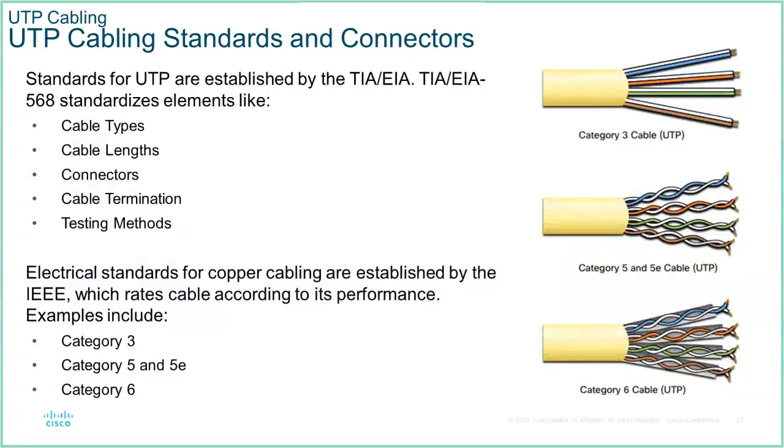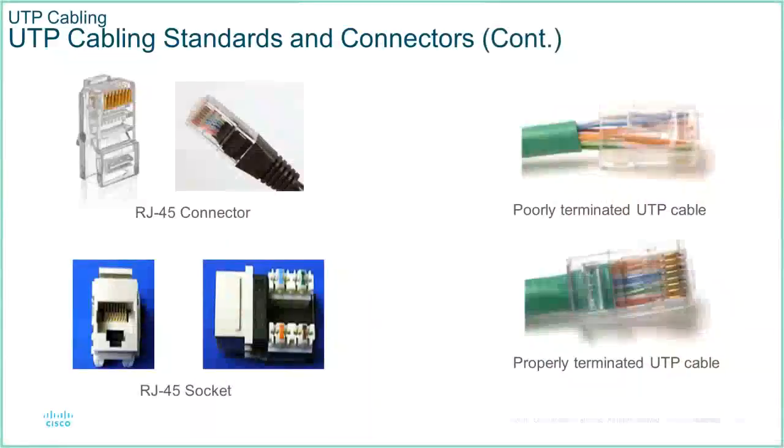Now, how we terminate the cable into the plugs is governed by TIA/EIA standard 568, and basically we'll have a look at the 568A and B standards of termination, which determines the functionality of the cable, which we'll get to in a second.